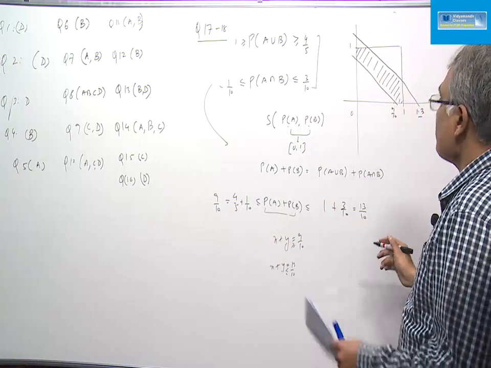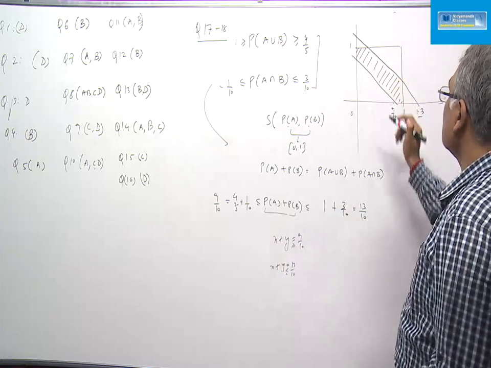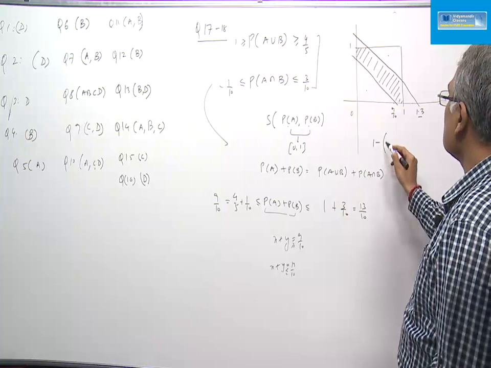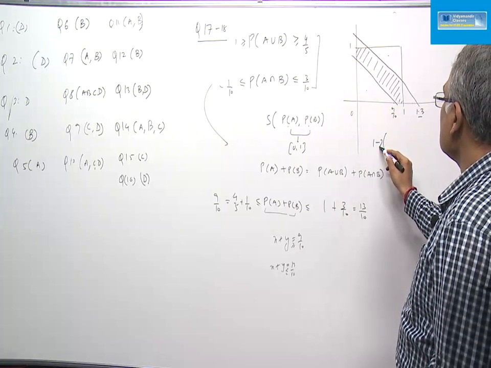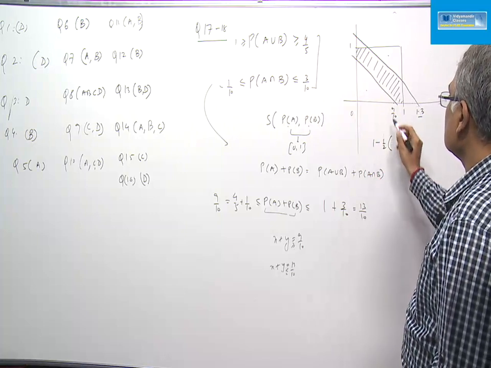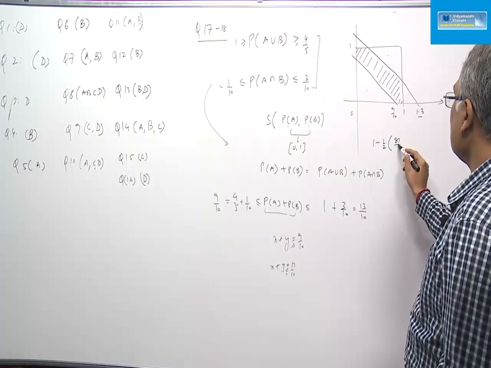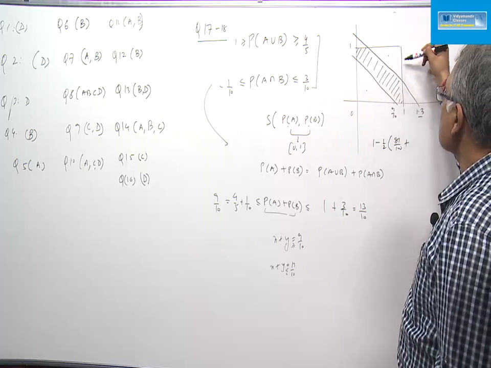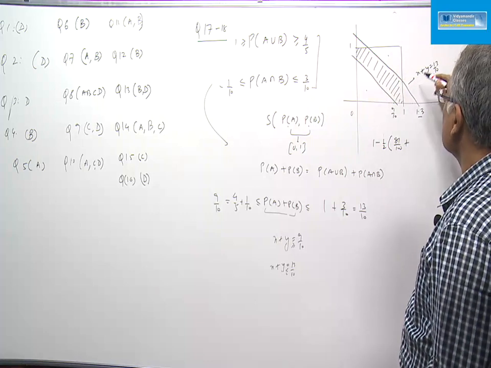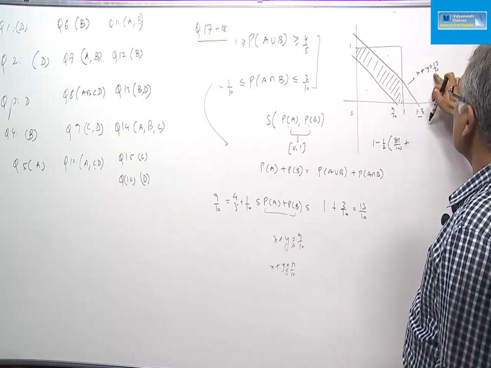That is, this area is the favorable region, and you need to find just the area. Area of this will be 1 minus this triangle minus this triangle, that is 1 minus twice of half of 9 by 10 times 9 by 10, 81 by 100, plus this, where this line is x plus y equal to 13 by 10. And this must be, when x is 1, y is 3 by 10.